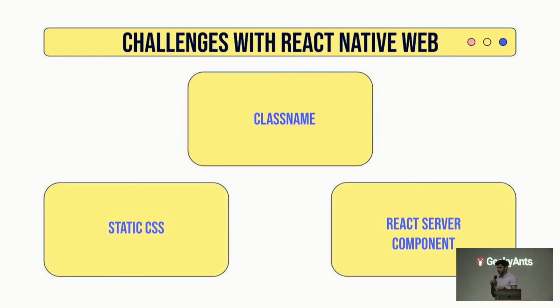Next, Expo, Vercel, and every other React framework is pushing React Server Components, and this requires you to write your styling in a static CSS file, right? And that is the problem with React Native Web. So it cannot support React Server Components as well.